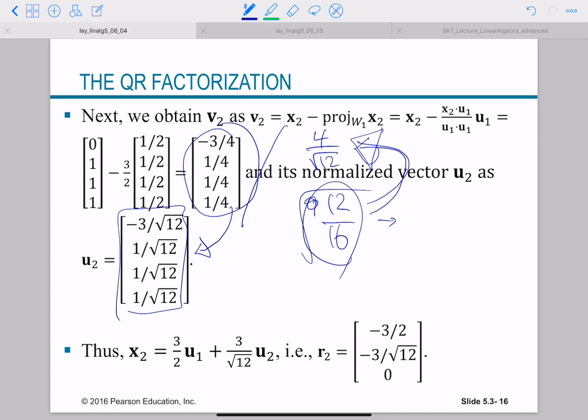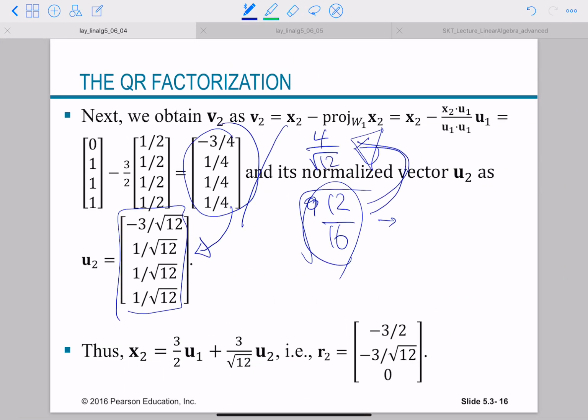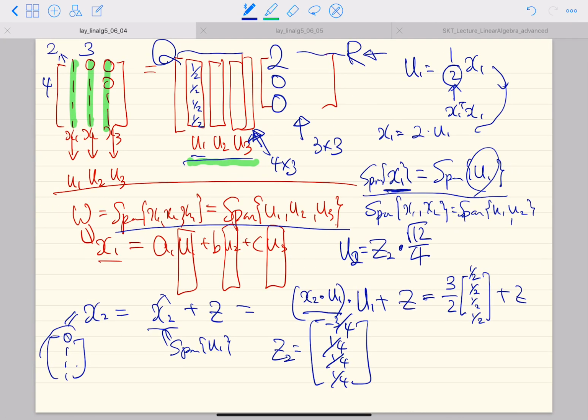So this is z2. Okay, I already took the reciprocal, so it should be multiplied, right?